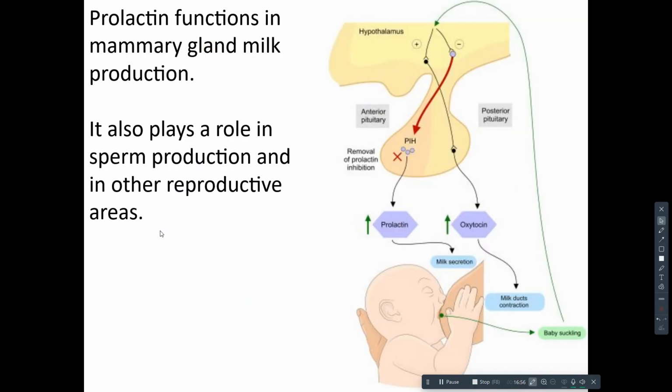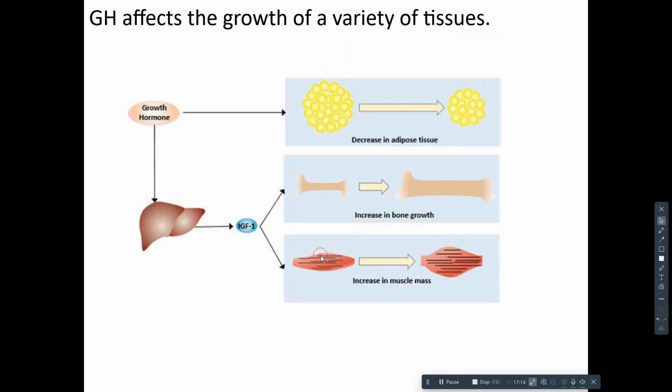Now, prolactin is involved in the production of milk from the mammary glands, also involved in sperm production in boys, and it's got some other reproductive roles as well. Okay. Growth hormone causes growth in many tissues, actually increases your muscle mass.